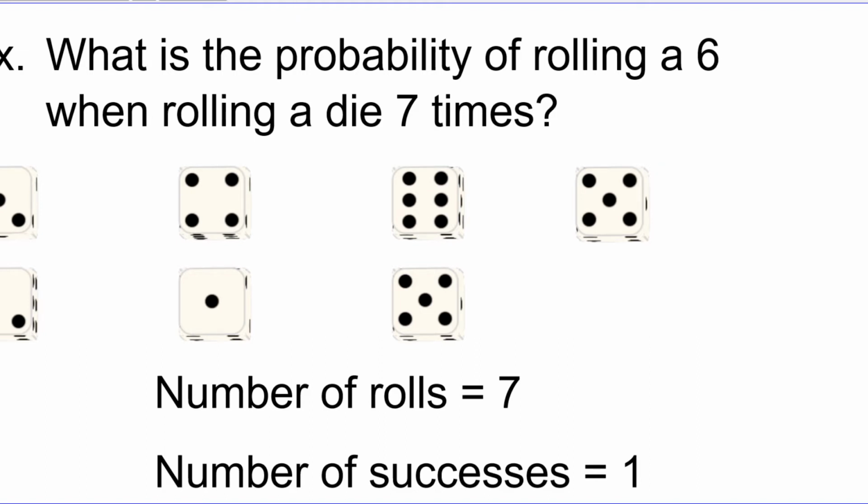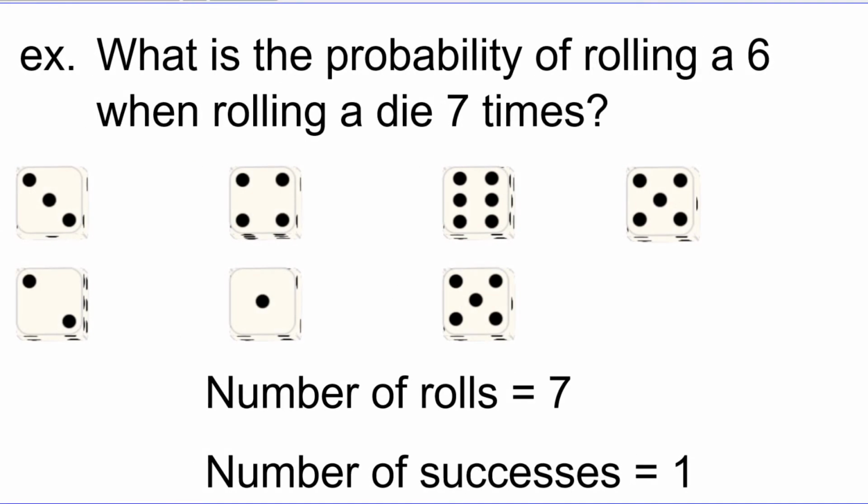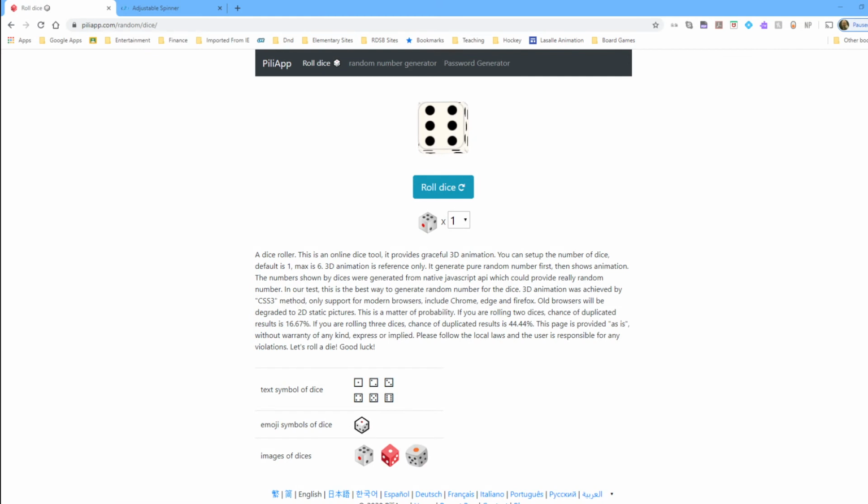And I just realized that my screen is a little bit cut off here. Just give me 1 second. Okay, so what I did here is I actually used an online die roller.